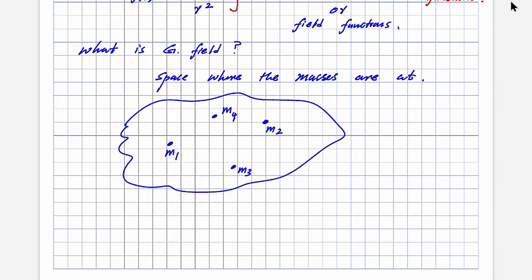right? So mass is not a dot actually, right? Sun is not a dot. Earth is not a dot. Any object you name is not a dot. But sometimes we define this as a dot and we call it point mass. Point mass. So in point mass, we don't show the volume.